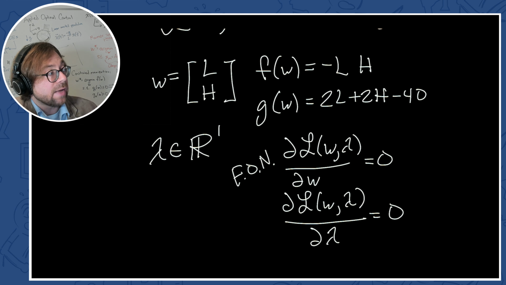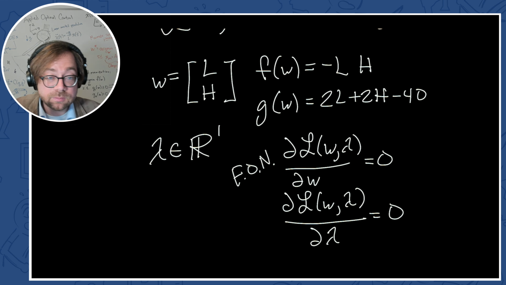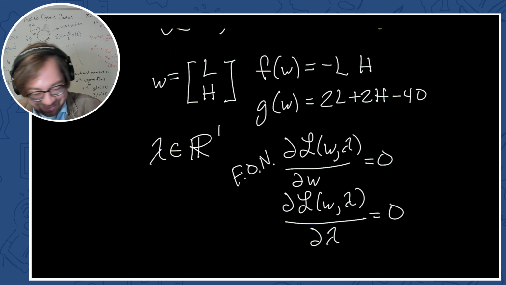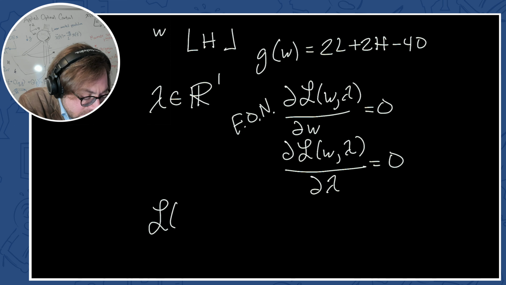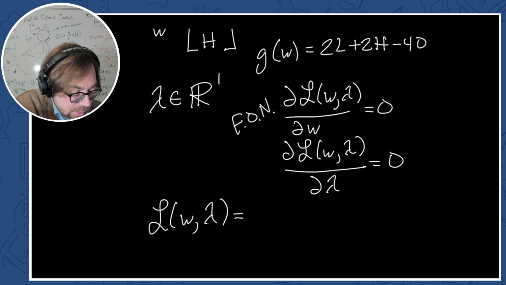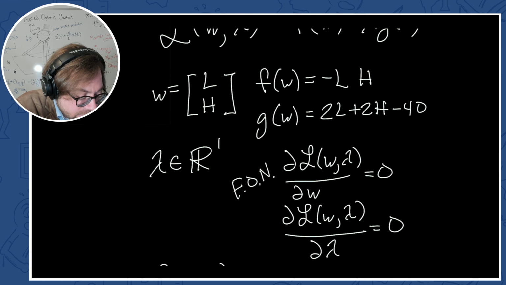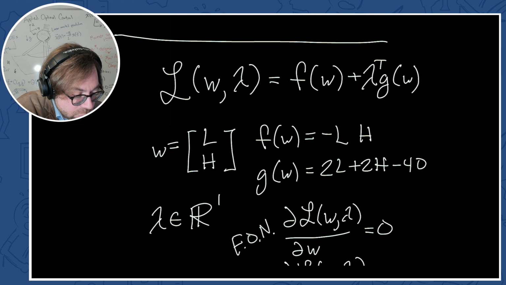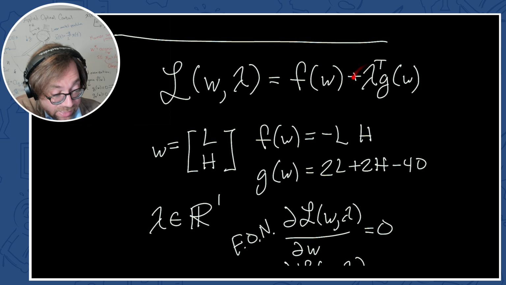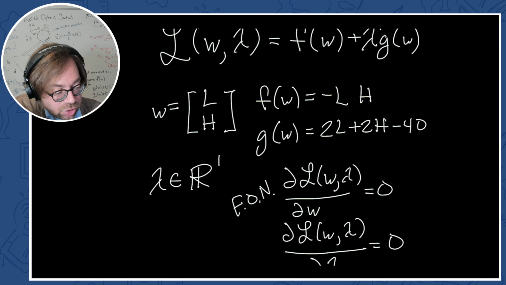We can try to solve that via gradient descent, right? That's what we're doing. So back to our Lagrangian of w and lambda is going to be our cost function way up there plus lambda transpose. There's only one lambda, so it's not even a vector, it's just a scalar number, times g of w.